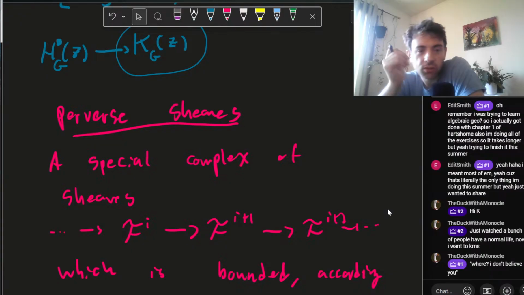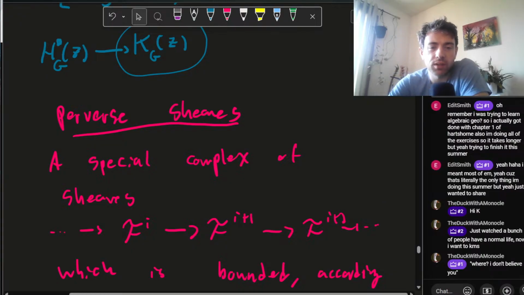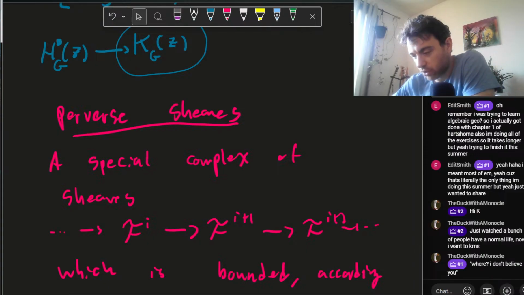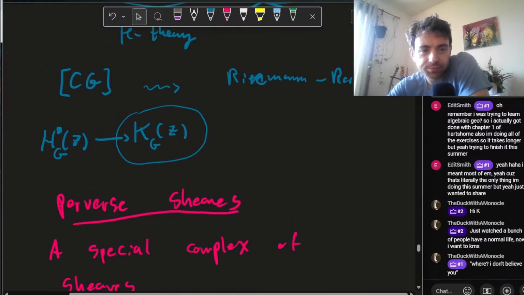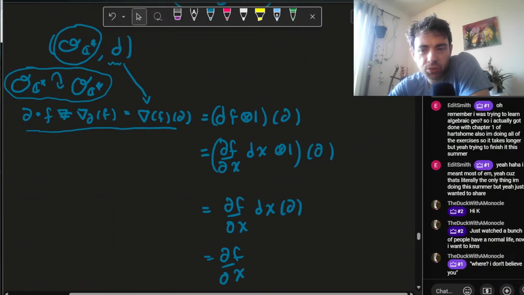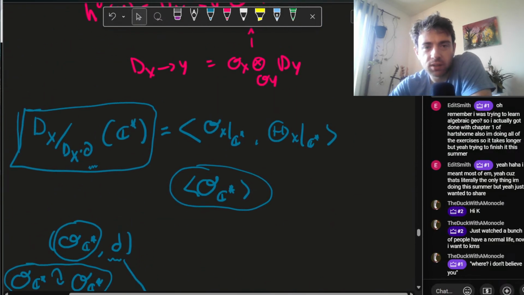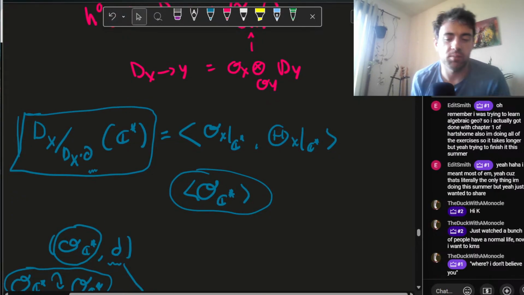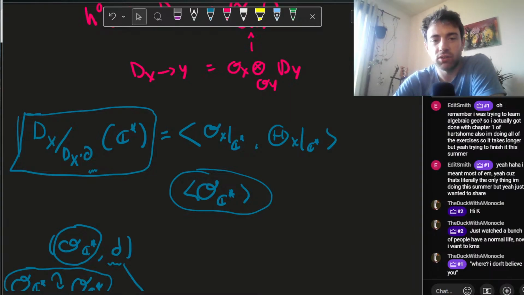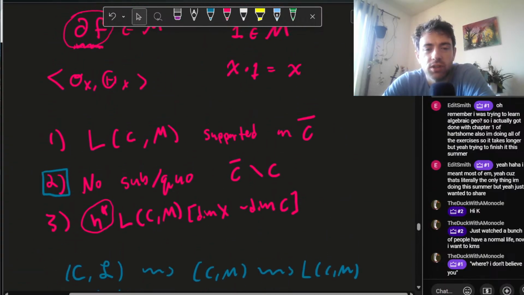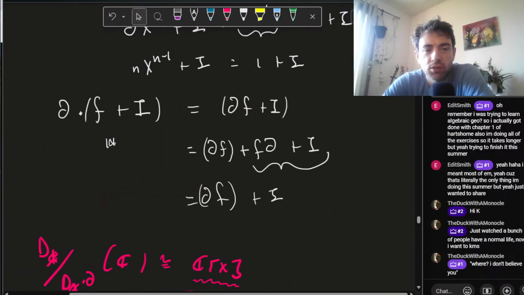Well, I already have done some examples where I computed a bunch of stalks of perverse sheaves and then compared them to representations of p-adic groups and verified that the Kazhdan-Lusztig hypothesis is true.